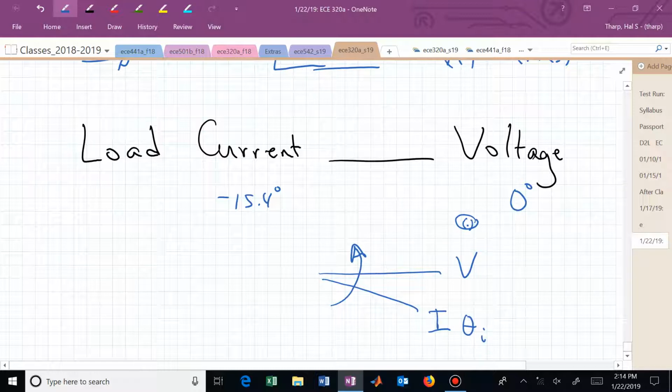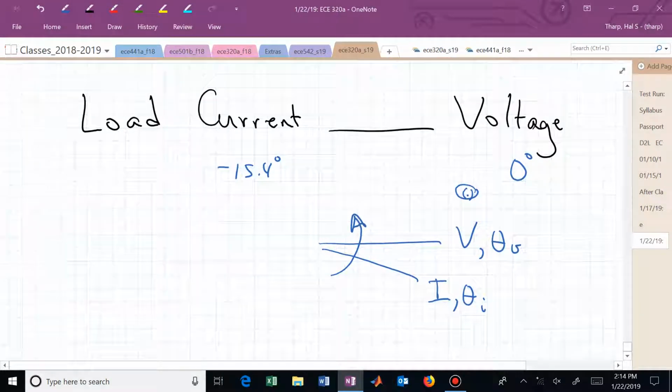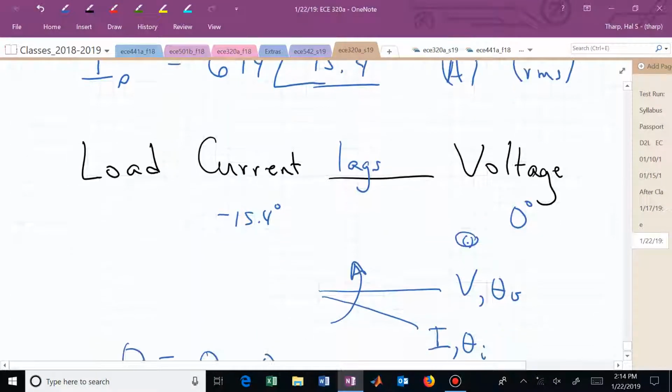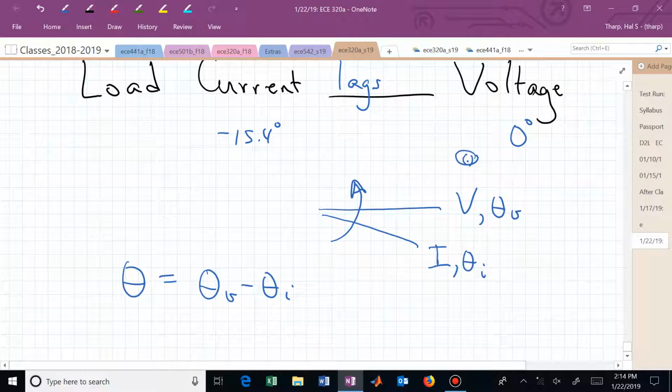This theta sub I current relative to theta sub V is behind. So theta of this interconnected load, this is now the net of these two loads, is theta sub V minus theta sub I. And now we see that the current actually lags the voltage in this particular system. And because of that, we have a net impedance that looks more inductive.